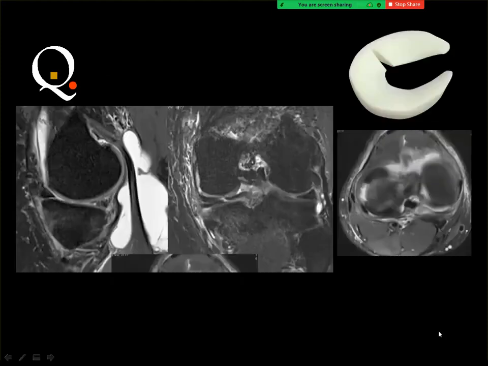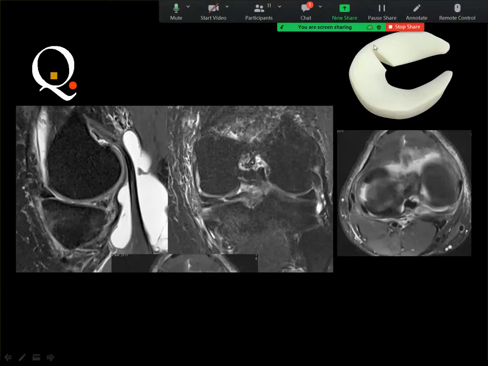Then this is also an MRI of the knee, and you can see this is the axial image, and this is the coronal one, and this is the sagittal image, and this is just an illustration of the pathology.